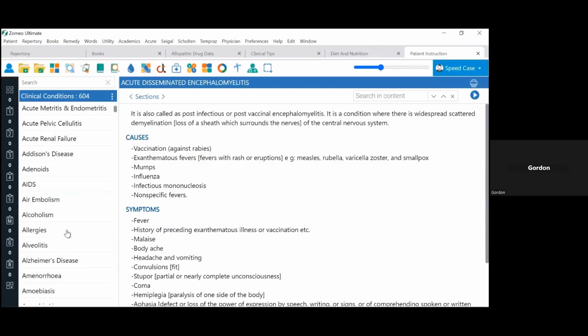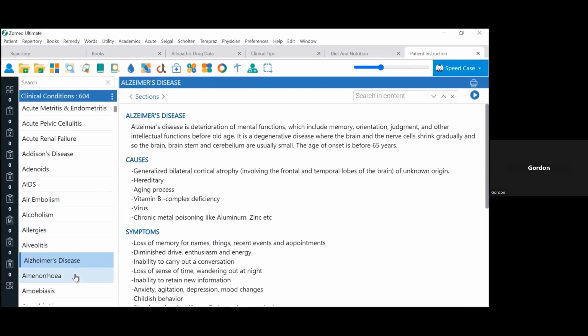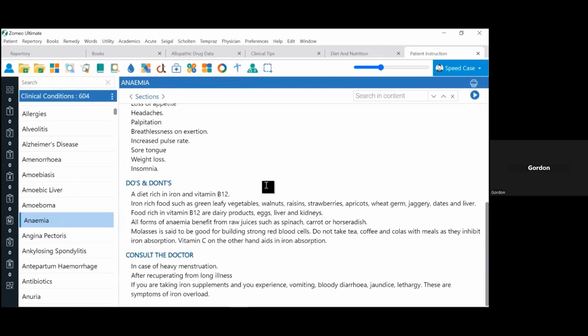Any disease that a patient walks in with seeking treatment, apart from the medicines that we give, it is always sensible and important to issue certain do's and don'ts in relation to that clinical condition, because it does happen, and we have seen that even if we give the right medicine, and this happens in any system of medicine, so to ensure that the patient gets relieved faster, because that is ultimately what he comes for, we have a list of do's and don'ts that are specific to 604 diseases or clinical conditions that can be readily printed and given to the patient.